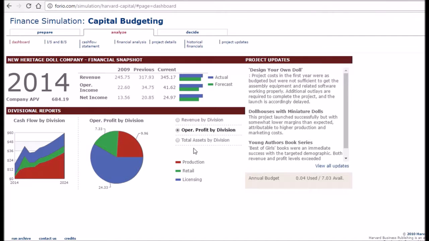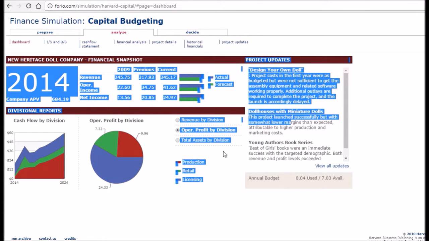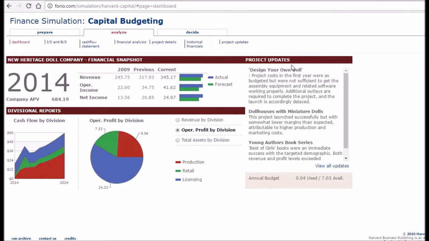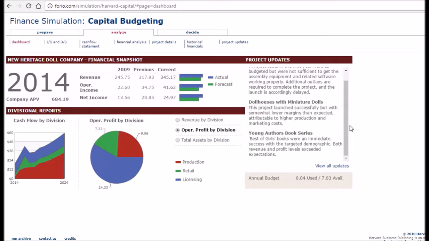And then over here is where you can see my project updates. These are just the projects that I selected in 2014.